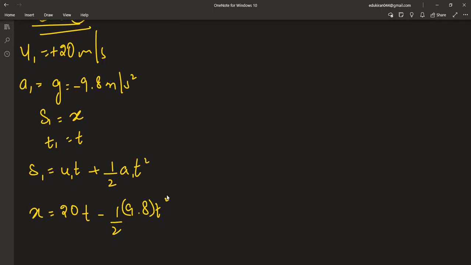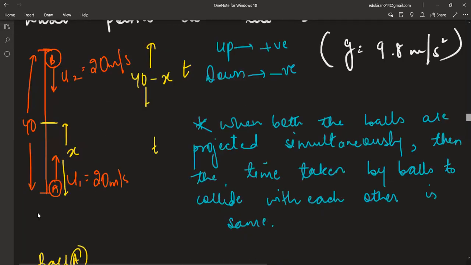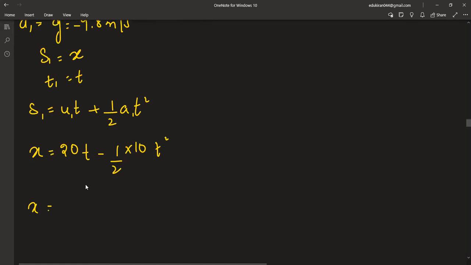Let me take g as 10 here, though in the question it is given as 9.8, because it will take a lot of time otherwise. But in the exam use 9.8. So X equals 20t minus 5t square. This is one equation we have obtained from ball 1.